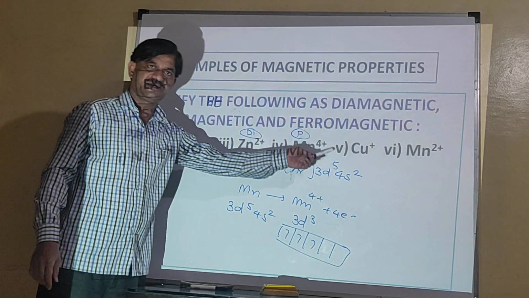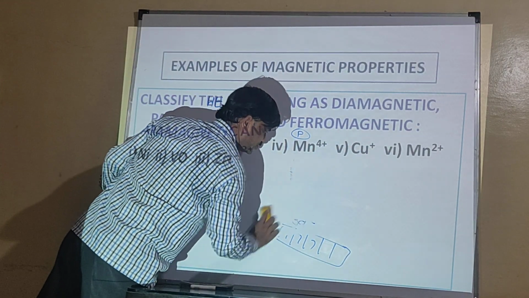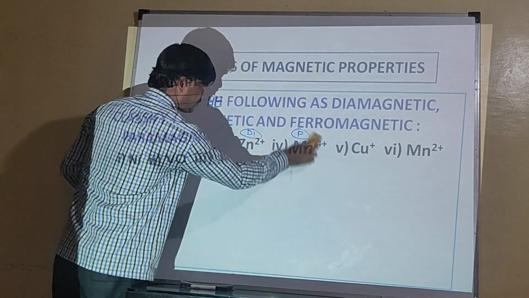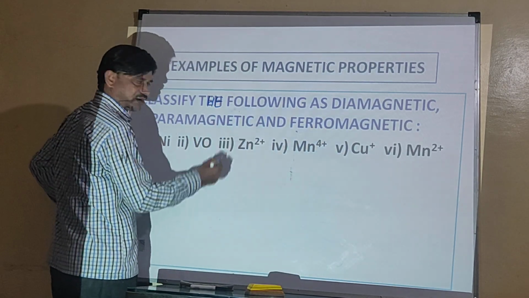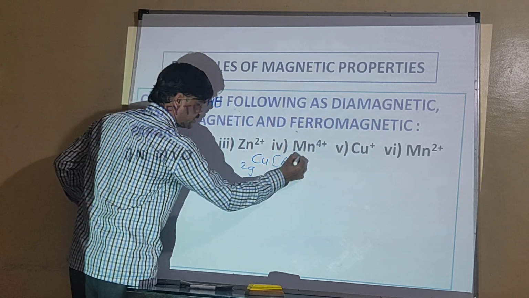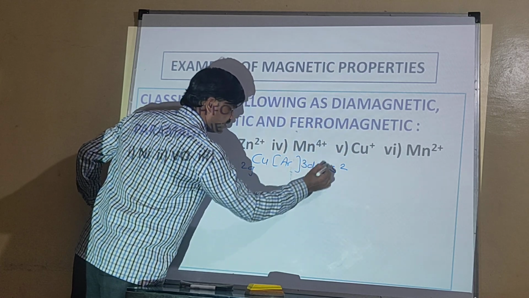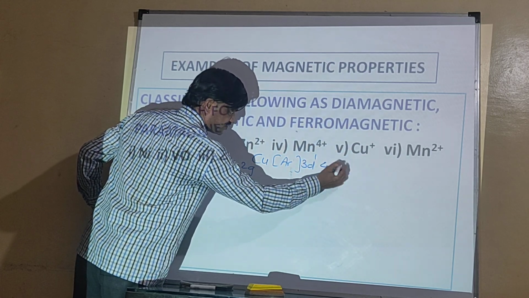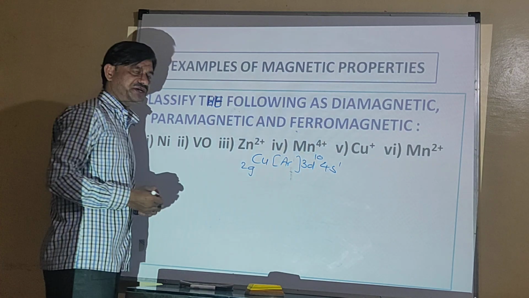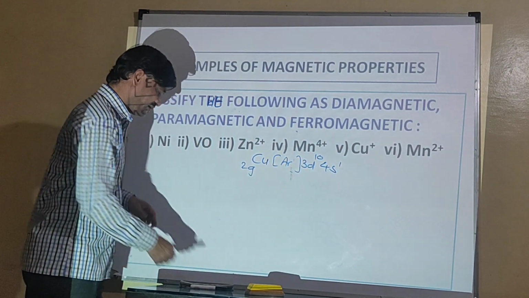What about the next species? Cu+2. Can you tell me Cu+2? What is copper? Atomic number 29. Tell me the configuration. This is argon 4s2. So this becomes 3d9. But in practice it becomes 4s1, so it becomes 3d10. 18 plus 10, 28 plus 1, 29.